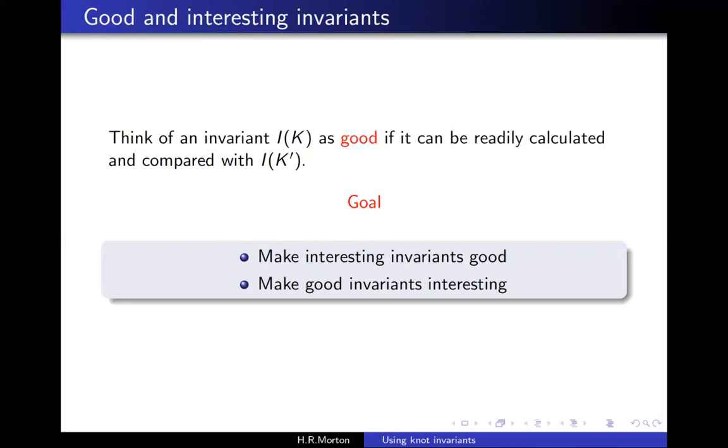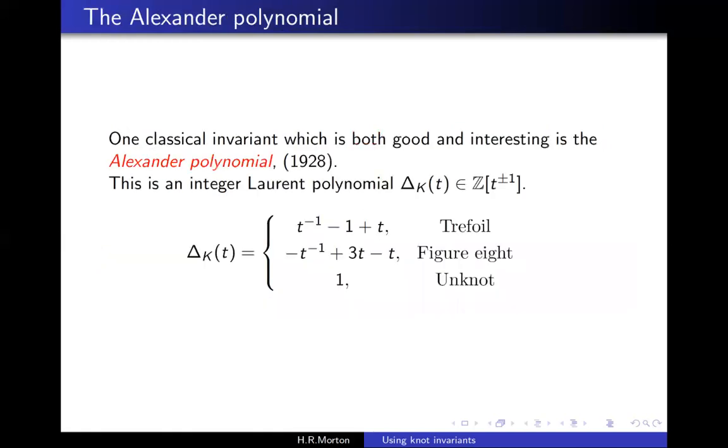Now I'm going to go back a few years for one invariant that is both good and interesting, the classical Alexander polynomial, produced by Alexander almost 100 years ago now, which is an integer Laurent polynomial depending on the knot. Familiar examples: trefoil, figure 8, unknot.